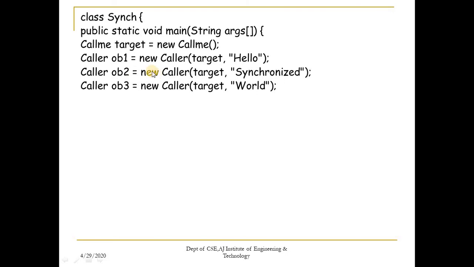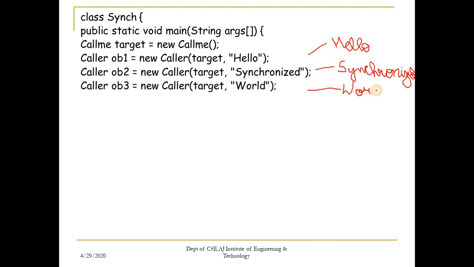When you call the caller constructor thrice, three threads are created, correct? Each thread will have one of the strings Hello, Synchronized, and World.